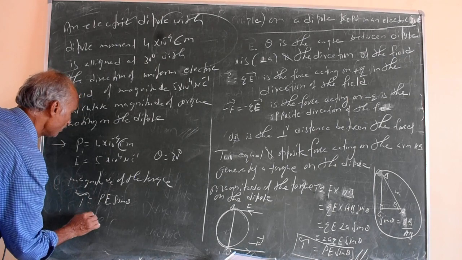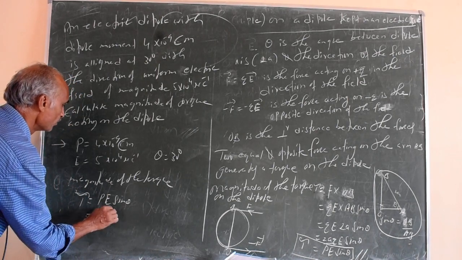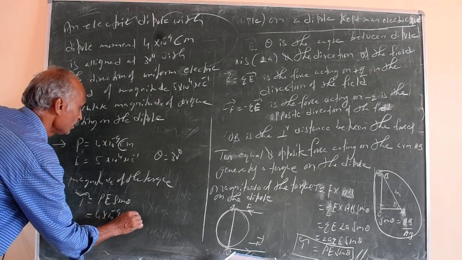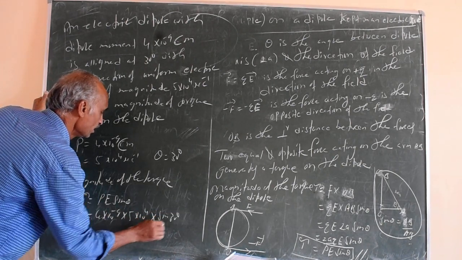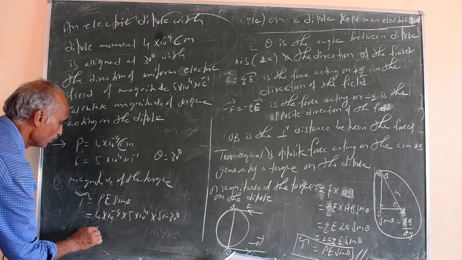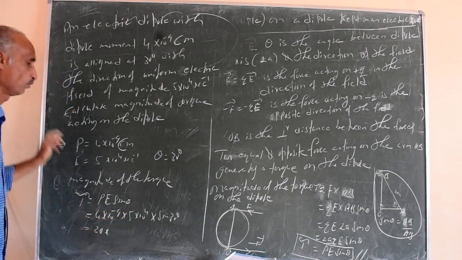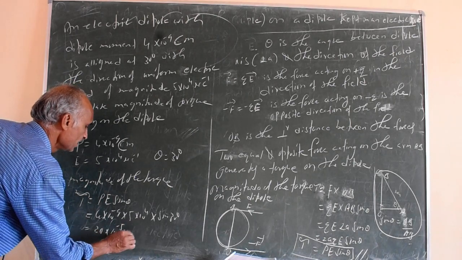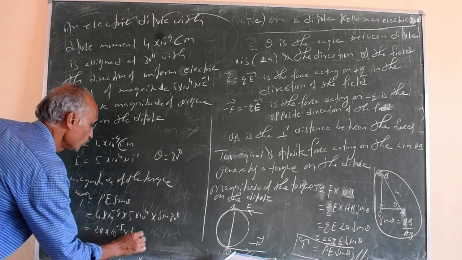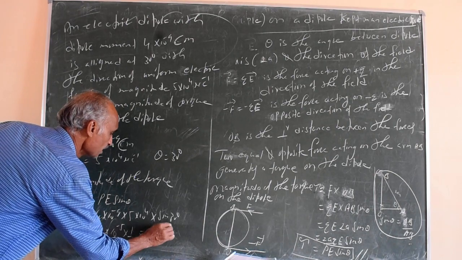P is given as 4 into 10 raised to minus 9, E is 5 into 10 raised to 4, into sin theta. Sin 30 is half. Now 4 into 5 is 20, 10 raised to minus 9 plus 4 is 10 raised to minus 5, sin theta is half, so 2 ones are 2, 2 tens are 10, that is 10 into 10 raised to minus 5.